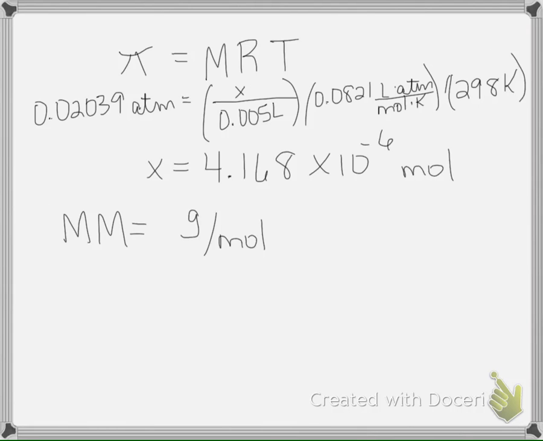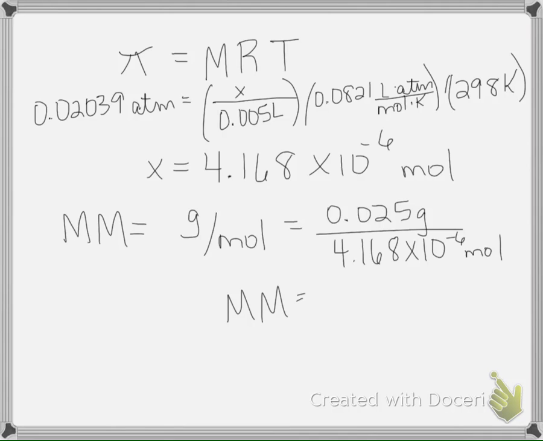So for the molar mass, 0.025 divided by 4.168 times 10 to the minus 6. And you have the molar mass of insulin, which is probably going to be a big number: 5,998 grams per mole. Y'all just aren't used to seeing things like that, but molar masses can be big. Insulin's not small, obviously. It's a big molecule, big hormone.